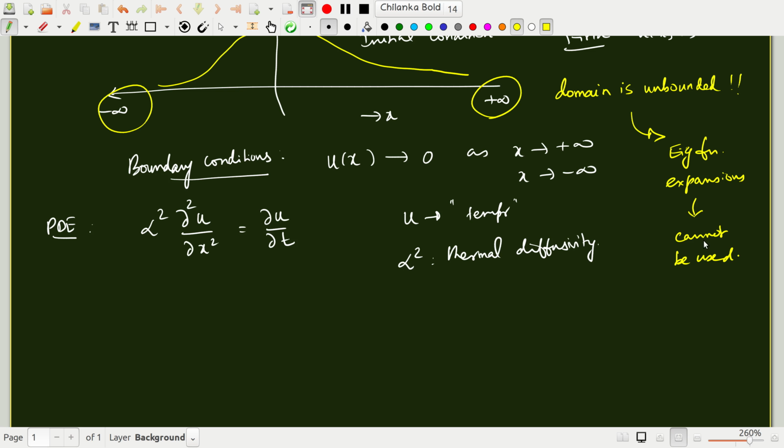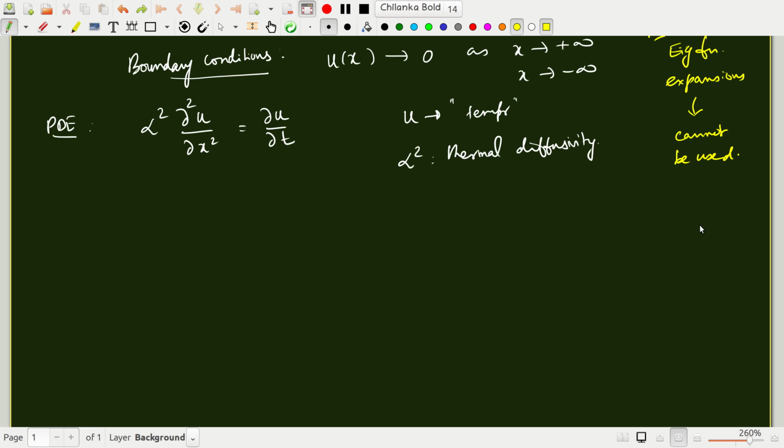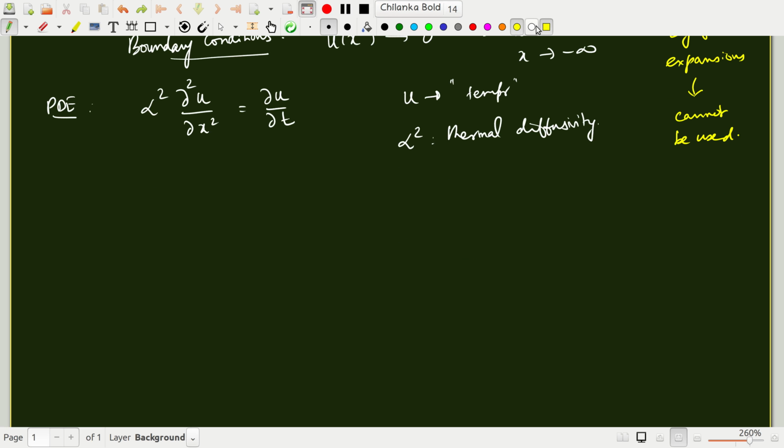That is the reason why, as we already discussed while discussing Fourier series, we cannot use Fourier series for domains that are unbounded, and therefore we came up with the notion of Fourier transform. So that's what we are going to use. We are going to use Fourier transform to solve this PDE.